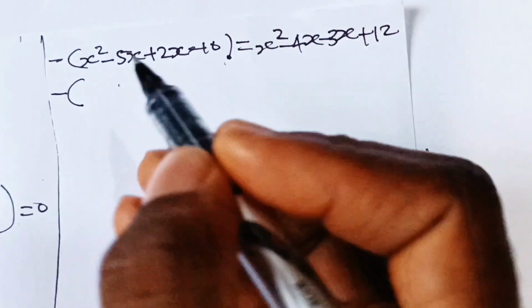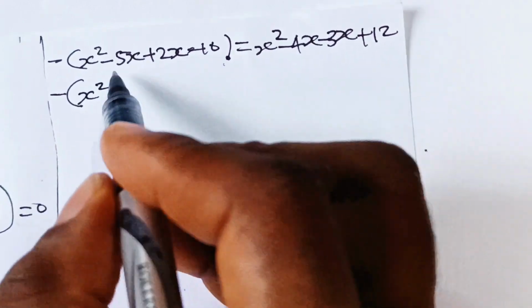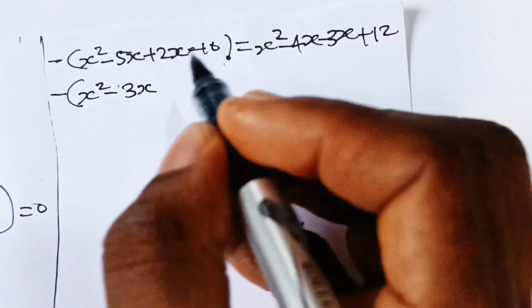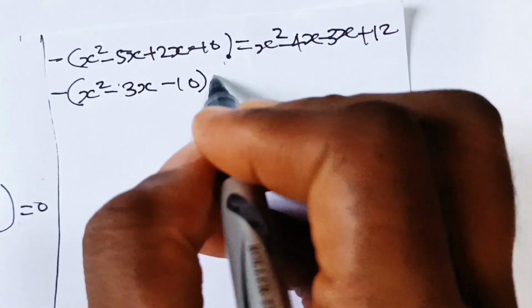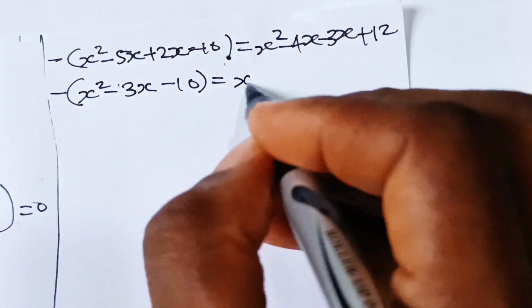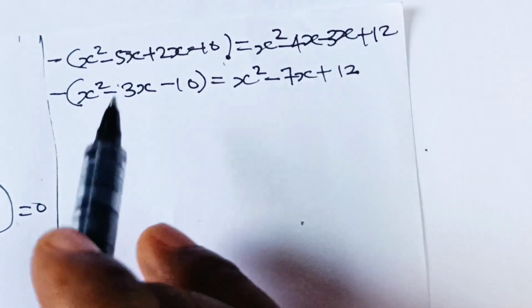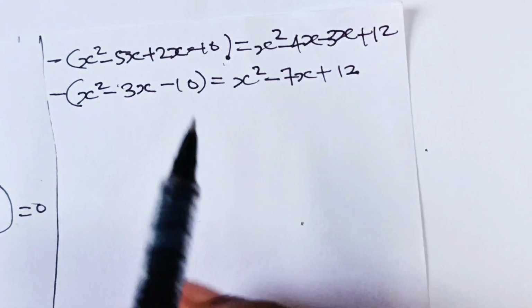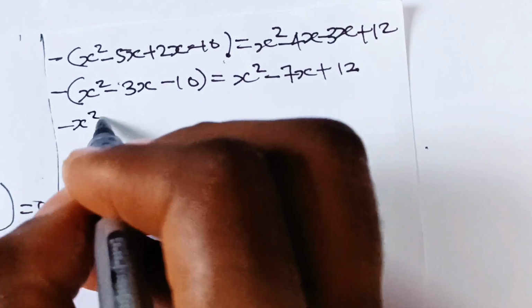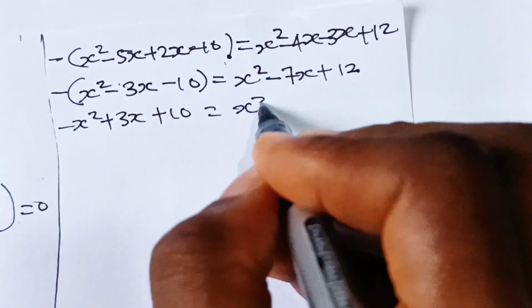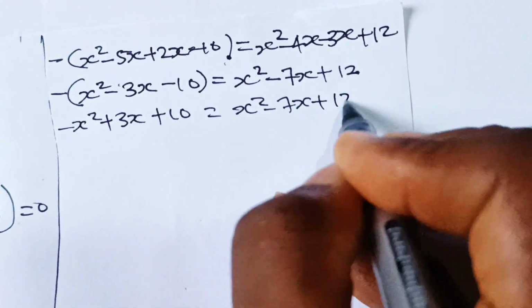Now we have minus bracket x squared minus 5x plus 2x will give us minus 3x, right? Then minus 10 is equal to x squared minus 7x plus 12. Now let's use this minus and multiply out. So we have minus x squared plus 3x plus 10 is equal to x squared minus 7x plus 12.